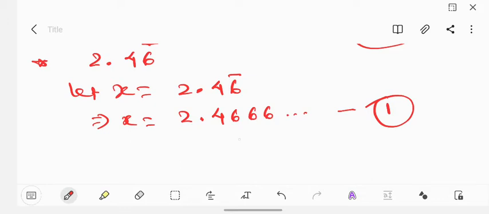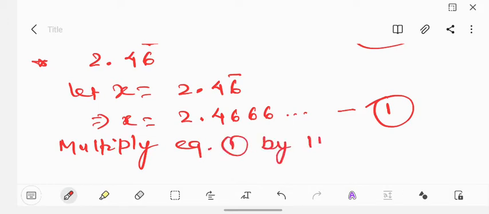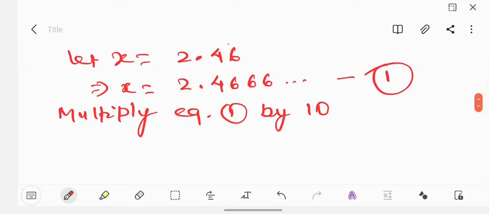Now, as you can see, the non-repeating decimal is only one digit, that is 4. So let us multiply equation 1 by 10 first of all, because only one digit is non-repeating. So we'll multiply equation 1 by 10. That is the first step.